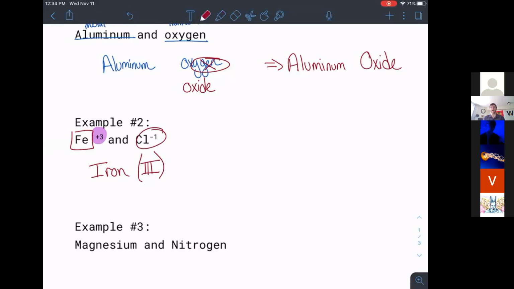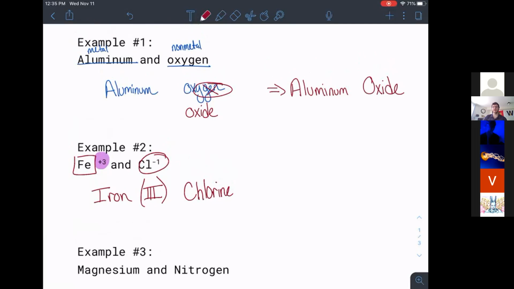Now this Cl with a -1 charge. What is Cl? Chlorine. And what else do we have to do to this chlorine? Do we have to do anything else to the name? We don't have to worry about the -1 or the +3, because that's not going to affect the name.